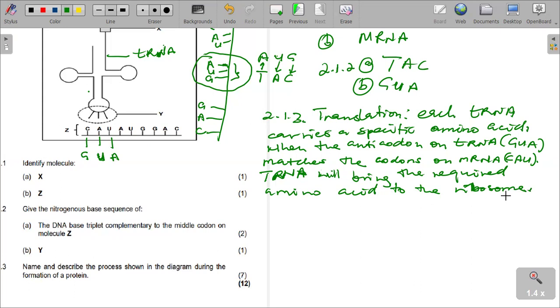What is next? What then happens is that the amino acids become attached to each other by peptide bonds.